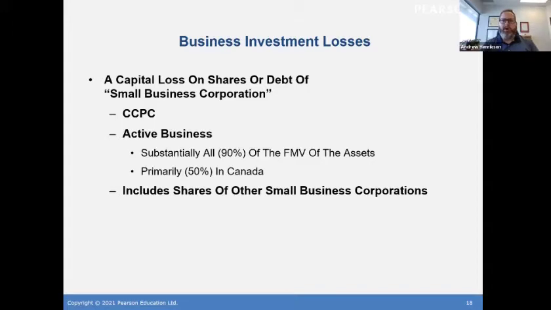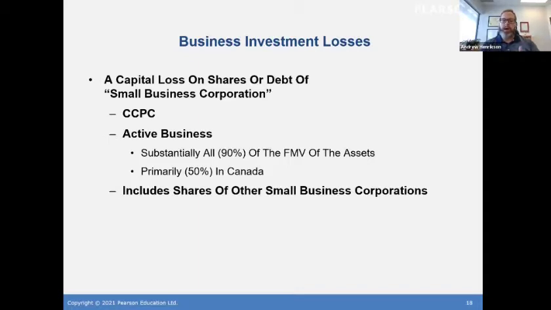We defined back in chapter 8 what capital gains were. We also had some other losses that we had talked about, your personal use property and your listed personal property. So that's 4 different types of losses, all with their own special rules.